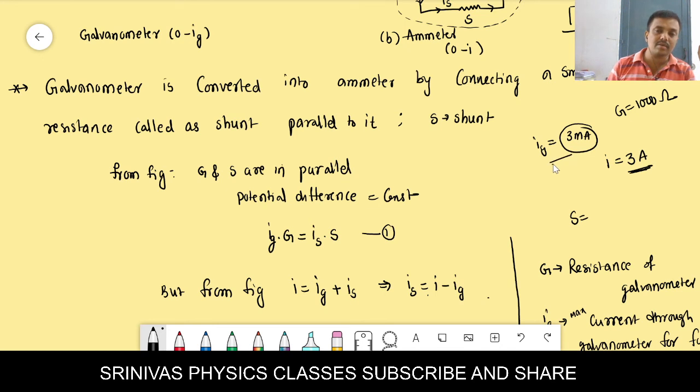Initially the galvanometer measures 3 milliamperes. We want to measure 3 amperes. For that, how much shunt resistance should you connect? That is our question. The shunt resistance formula, you know, is IgG by I minus Ig. Because in order to convert the galvanometer into an ammeter, we should connect some small resistance in parallel. Then you can calculate from this, right?